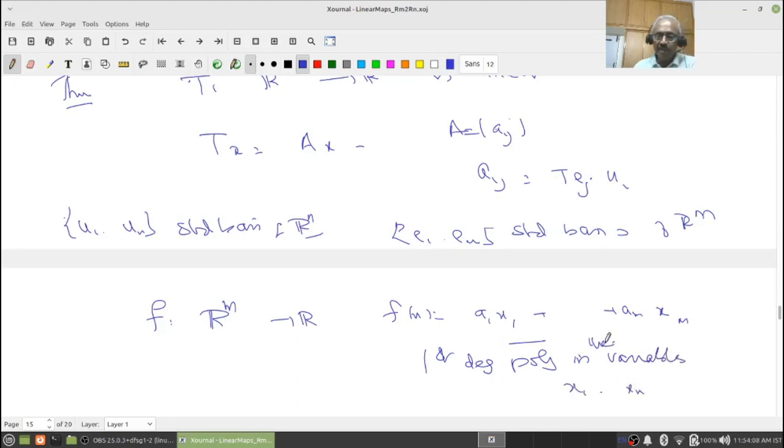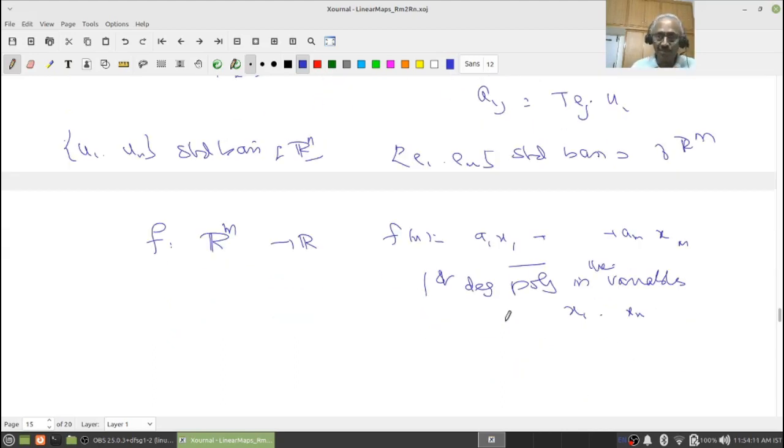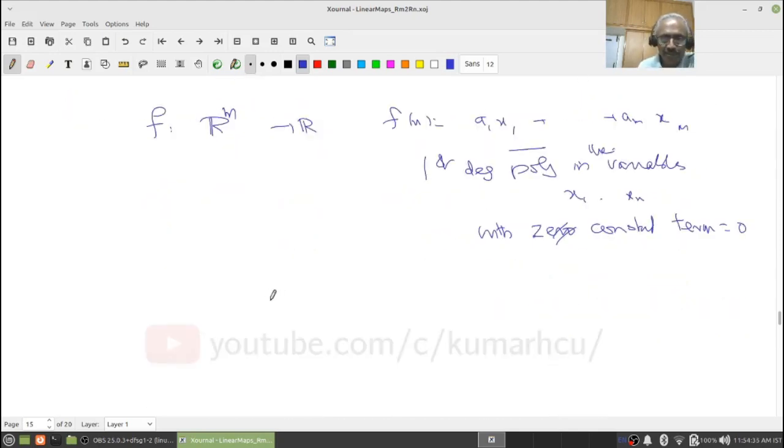When I say first degree polynomial, there could be a constant term, but what we found is that the constant term is zero. Therefore, any linear map from Rm to R is a first degree polynomial in the variables x1 to xm. That's the first thing. Are you following? And that is also given by the dot product with a vector, x dot a.